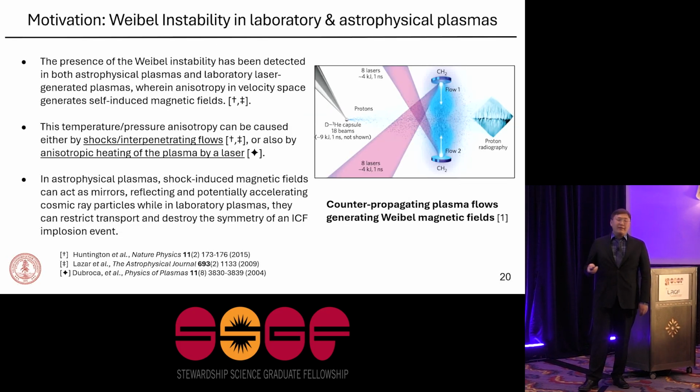The next test case we looked at was the Weibel instability. It's hypothesized that this was one of the mechanisms for magnetogenesis in the universe that also generates magnetic fields around supernova remnants. And it's also been hypothesized that this exists inside of ICF implosions in the expanding plasma bubble and can generate strong magnetic fields there.